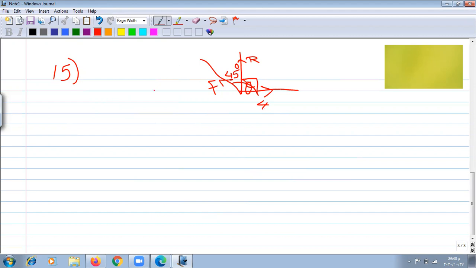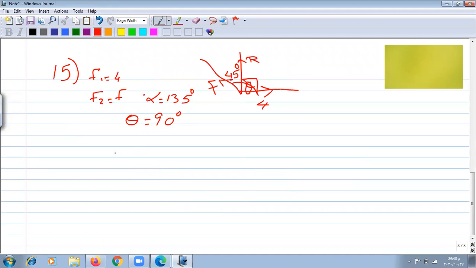Let's revise the problem again. F1 equals 4, F2 equals F, alpha is 135. Now we can say that theta equals 90 degrees.